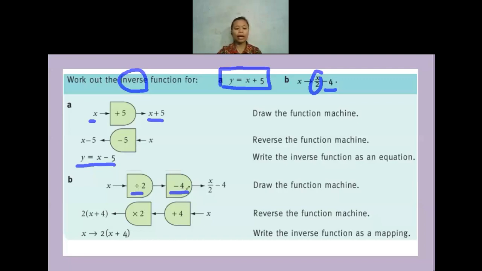So now the x will be on the right side. X plus 4, and then x plus 4 times 2. Usually the number is written in front, so the number 2 moves to the front. It will be 2 open bracket x plus 4. So the inverse will be x mapping into 2 times x plus 4 in brackets.